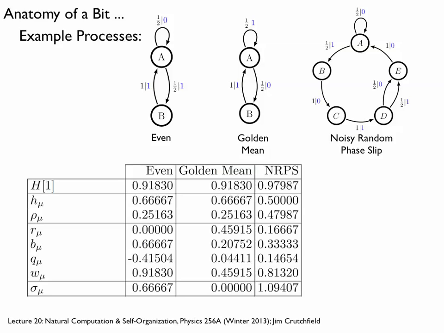And you can kind of convince yourself of why that's true for the even process. It's a little harder to look at the golden mean machine there. But here, it means that, in some ways, an individual symbol is predictable from both sides because of the structure.